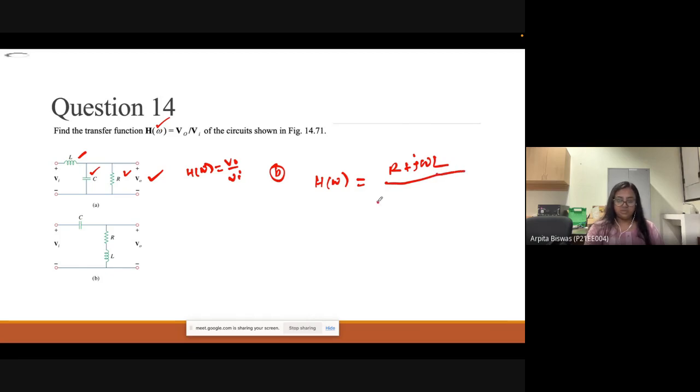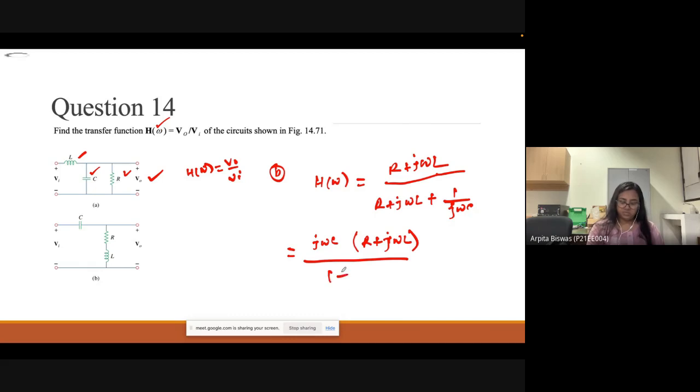Then R plus j omega L plus 1 by j omega C, j omega C R plus j omega L by 1 plus j omega C into R plus j omega L.